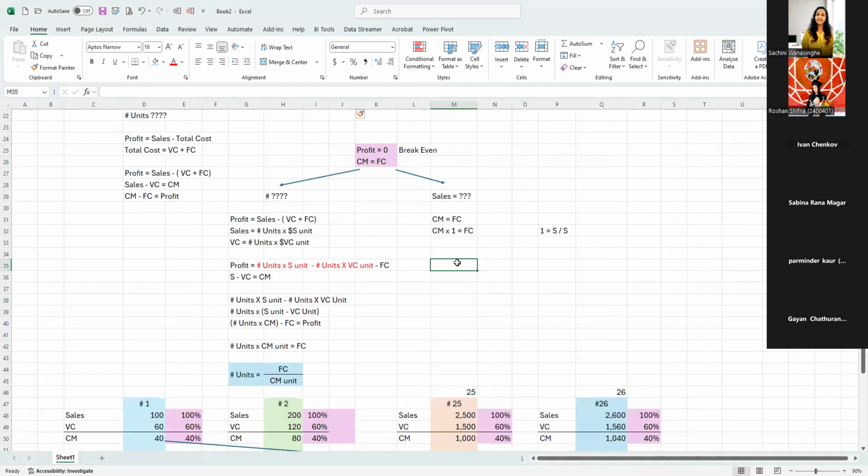Now let's substitute in the previous formula: contribution margin times sales divided by sales is equal to fixed cost. So did I change this formula? I added 1, but technically the result is going to be the same, correct?